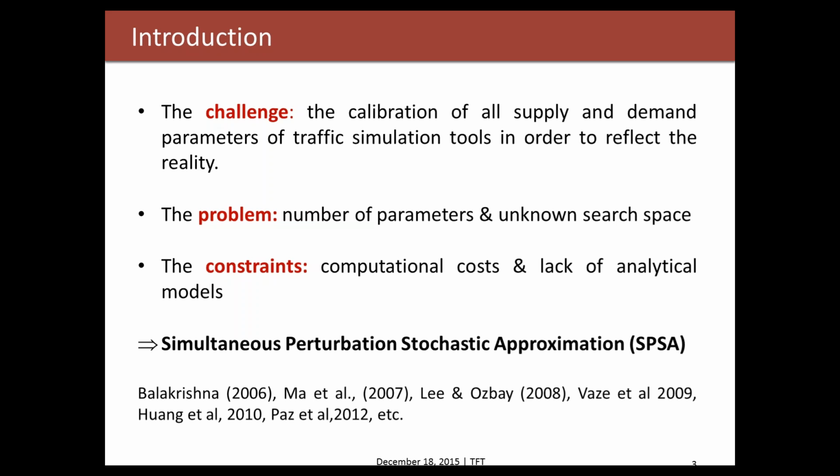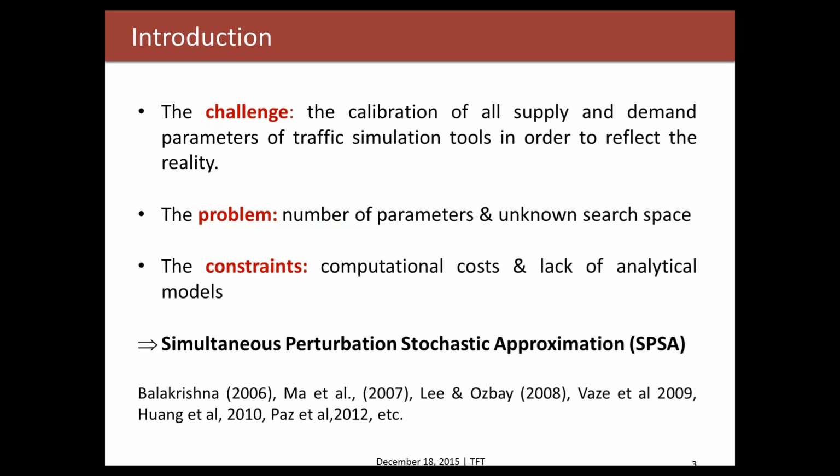Ma and his peers compared the performance of SPSA against two other algorithms: genetic algorithms and a trial and error iterative adjustment algorithm, for the calibration of a microscopic traffic simulation model in Northern California. Then Lee and Ozbay proposed a Bayesian calibration method and applied a slightly modified SPSA algorithm to solve the calibration problem of a cell transmission traffic model.